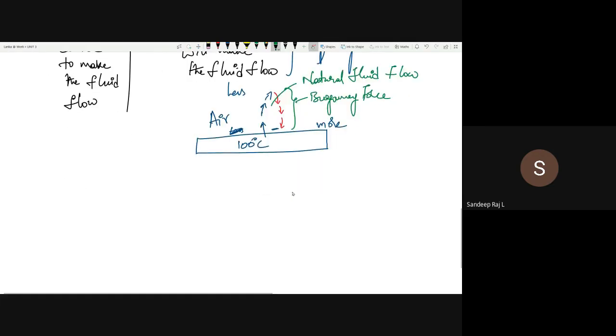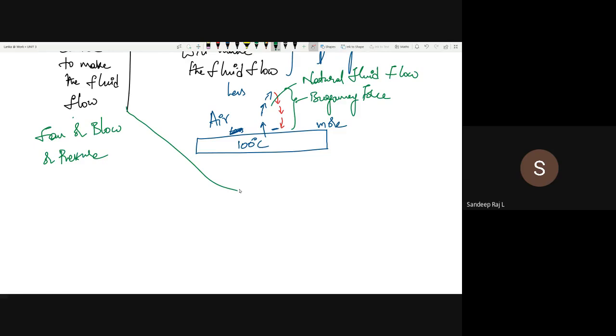Coming to forced convection, in forced convection you will make use of some external device. It can be a fan or blower or pressure. Pressure means you make the water flow in the taps that you use in your home and everywhere. They are moving because of pressure.